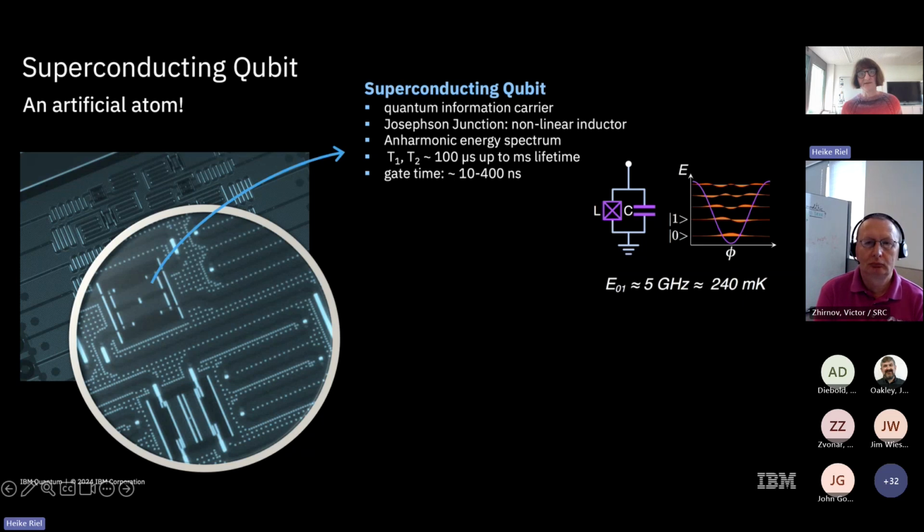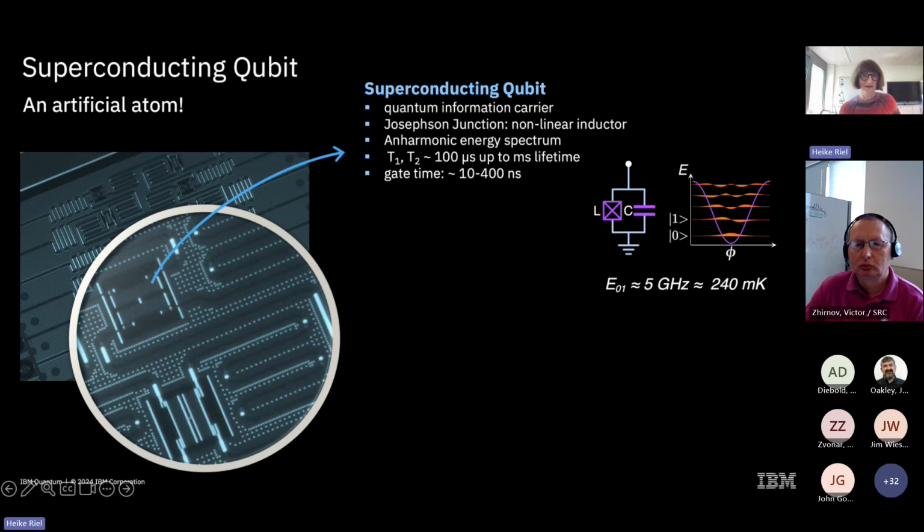And the advantages are the simple device structure and the decent lifetime which you can achieve, up to several milliseconds, and there is not yet a limit. So there has been improvement over the last couple of years of over 6 orders of magnitude to increase the coherence time.